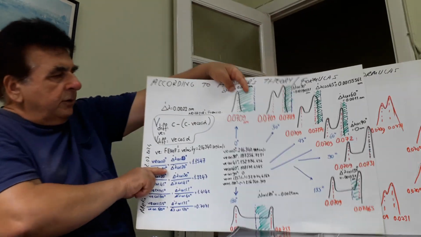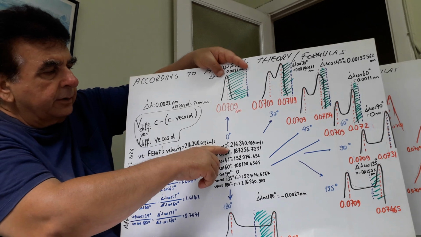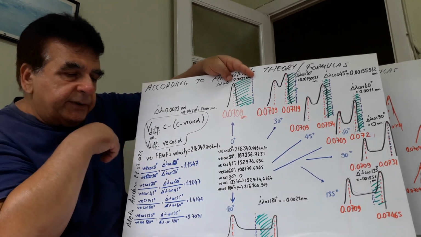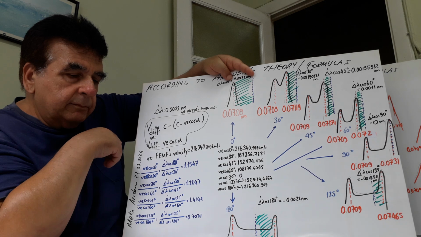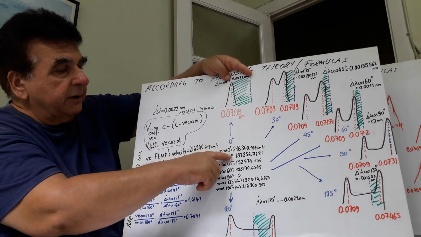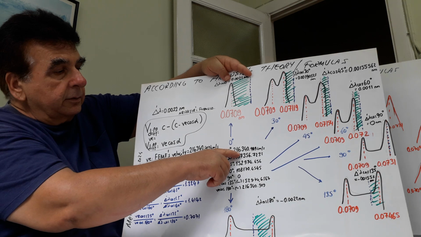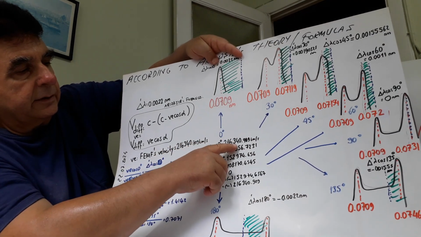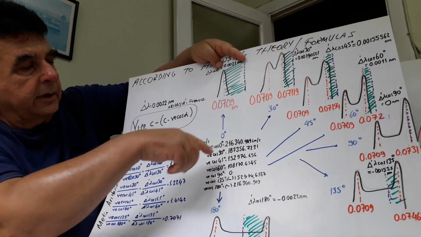For cosine 0, the speed difference between two wavelengths is 216,340.